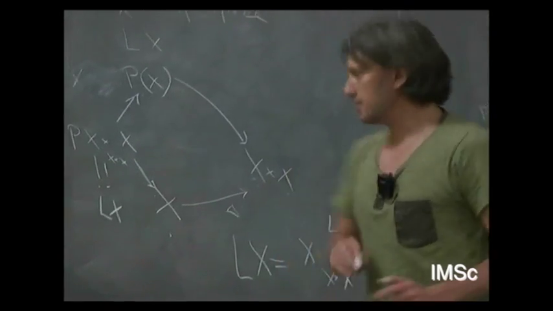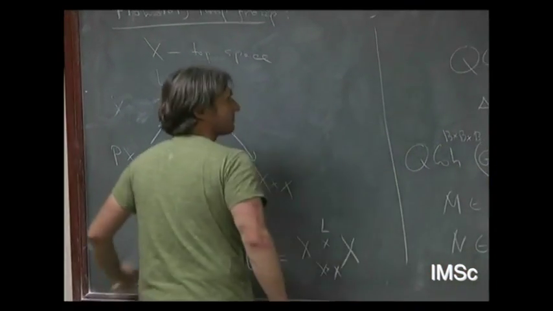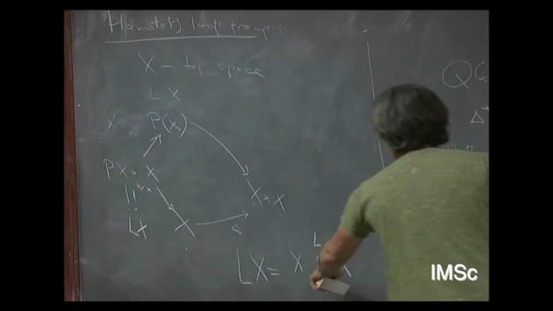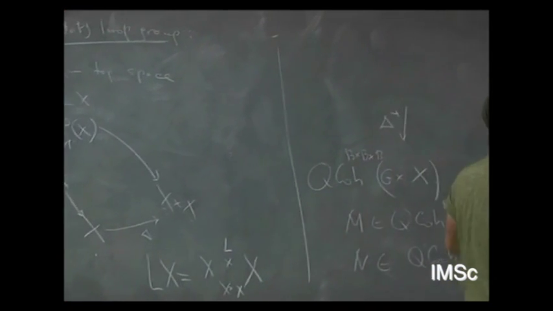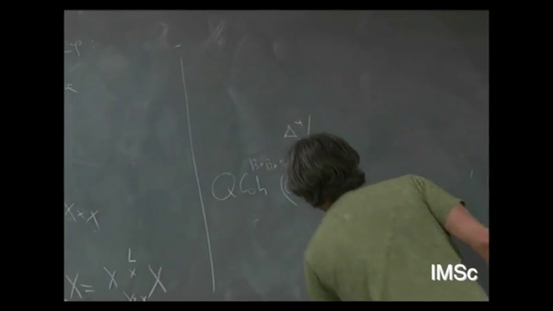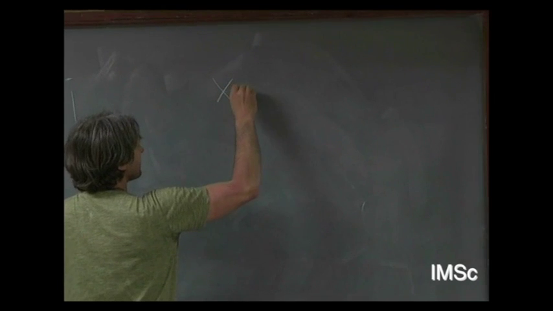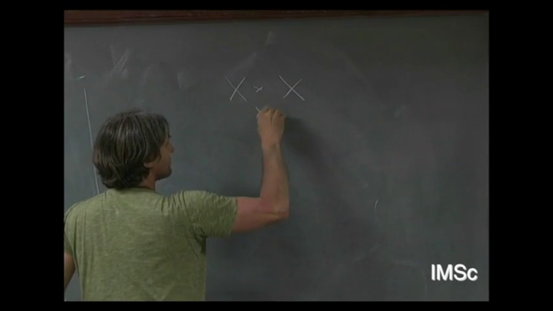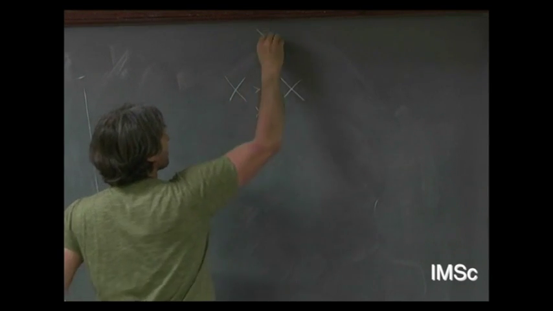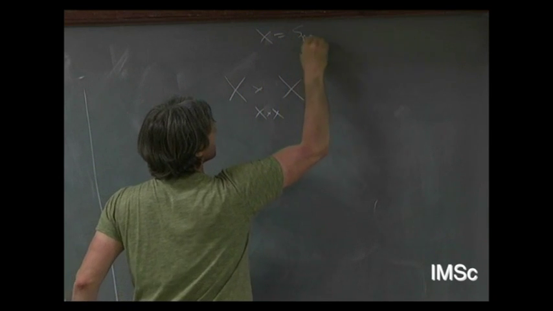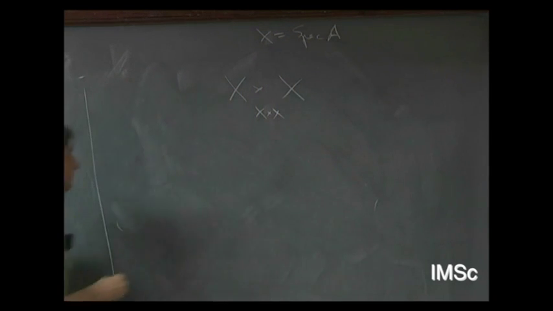Now let's come back to algebraic geometry. So just remember this thing. Return to algebraic geometry. We take X times X over X times X. So X is affine, so this is spec A. All right?